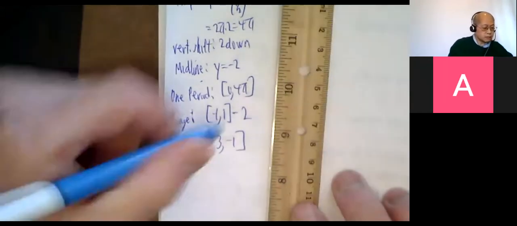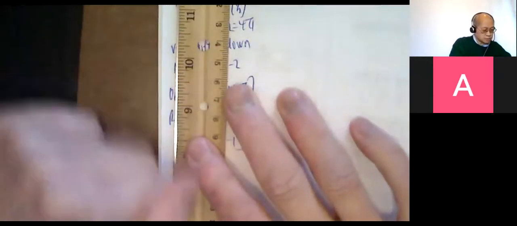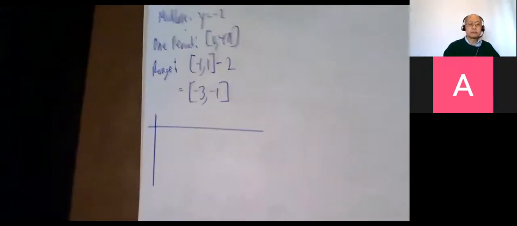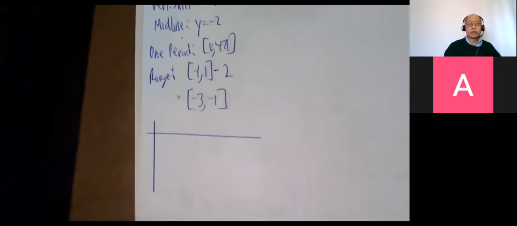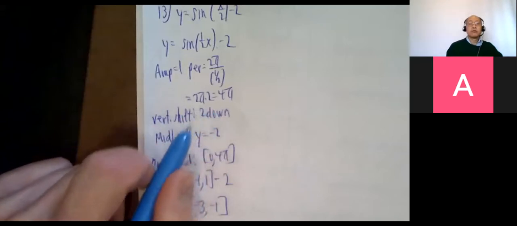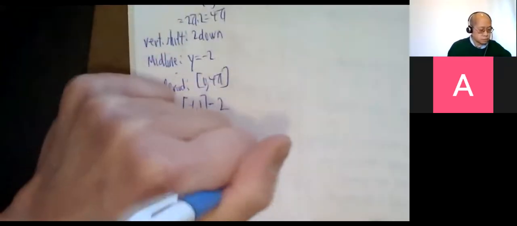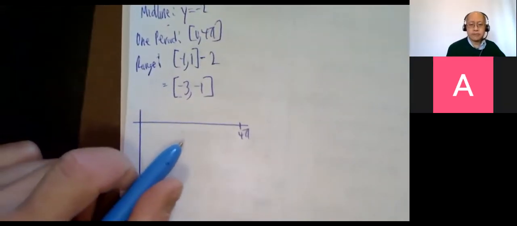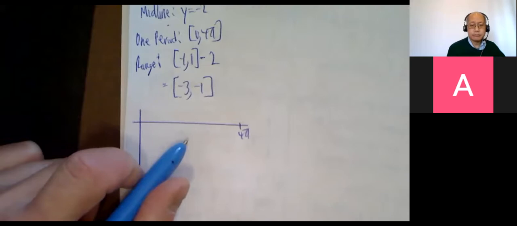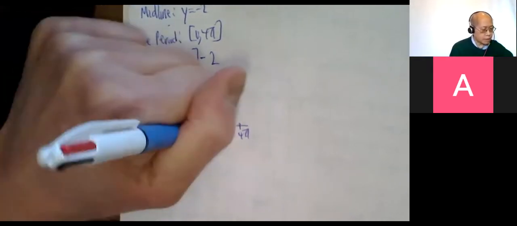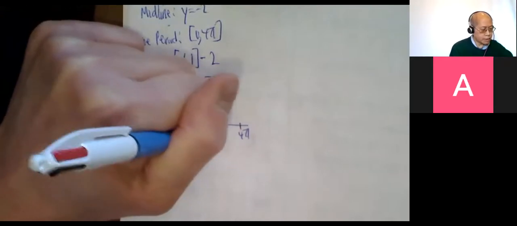So here's how this one looks. All the y values are negative, so I'm going to skew my graph like so, way up here. All these are going to be negative. One period goes out to 4 pi. That's very easy to cut into 4 pieces: pi, 2 pi, 3 pi.